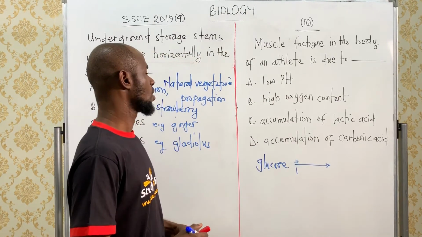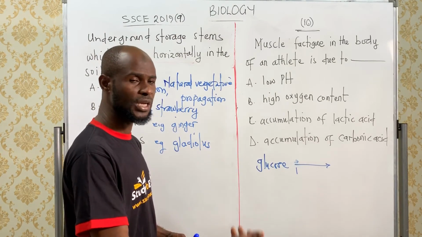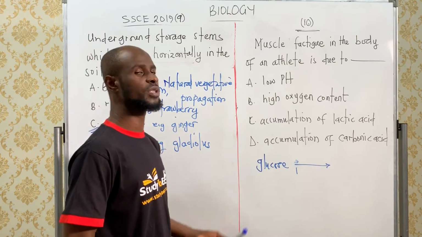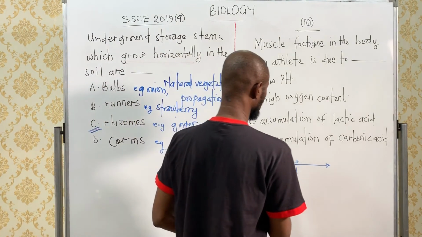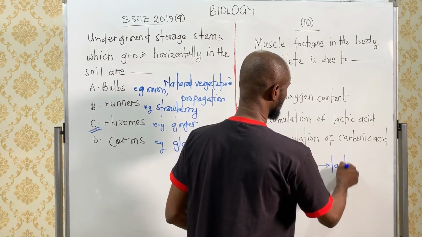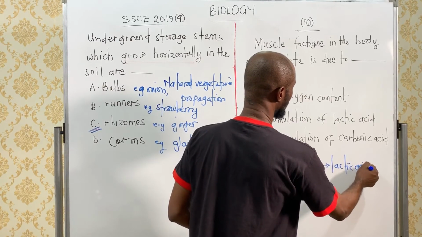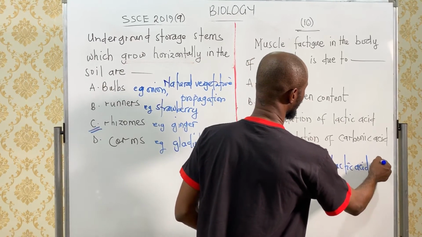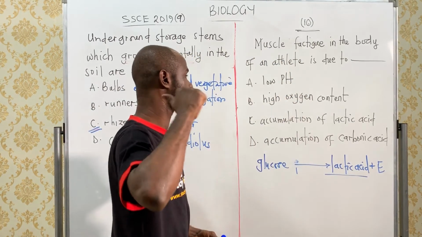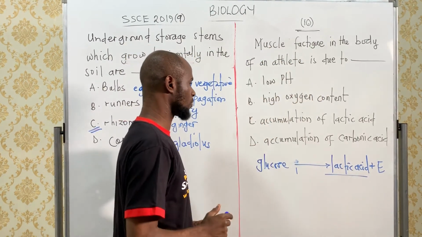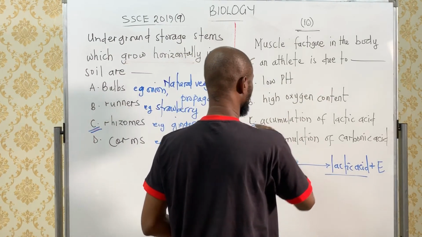Don't forget that when glucose is broken down in the absence of oxygen, it's called fermentation or anaerobic respiration. So glucose will be broken down to form lactic acid, and a little amount of energy is produced. So the answer is there is low oxygen, which results into the accumulation of lactic acid.